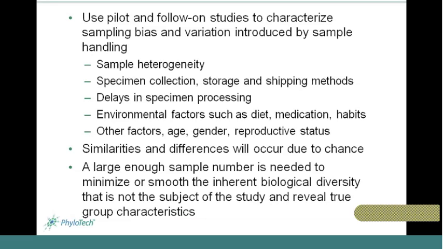People recognize that this can introduce a batch effect that can actually confound your interpretation of what's due to handling of the samples versus what's due to biological variability.